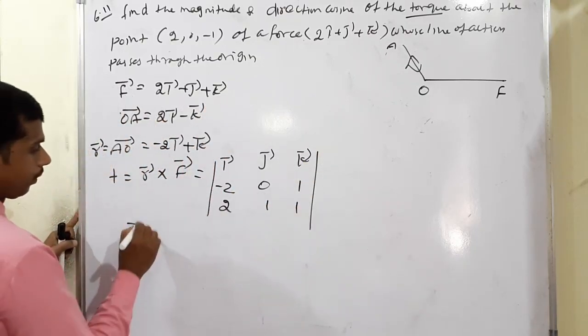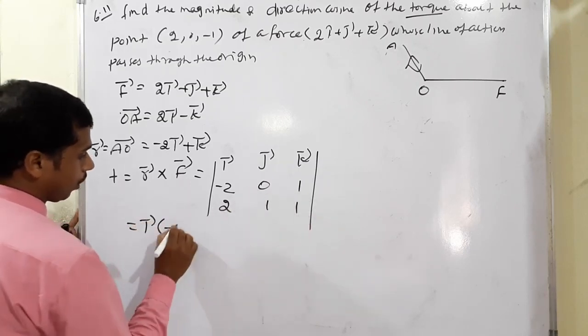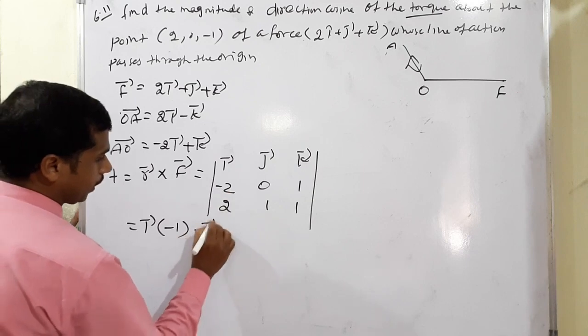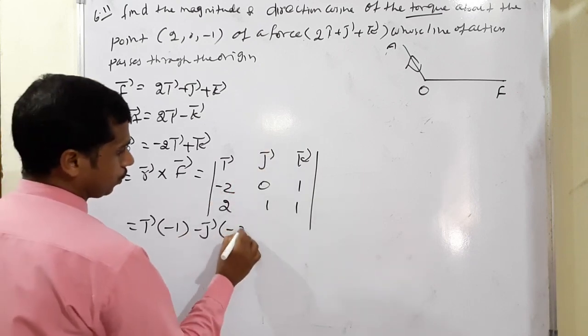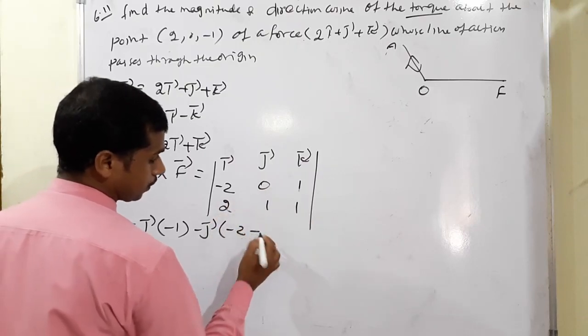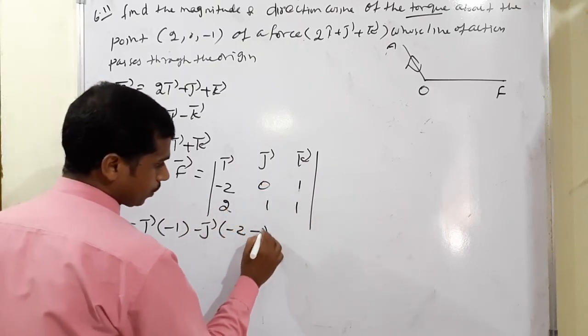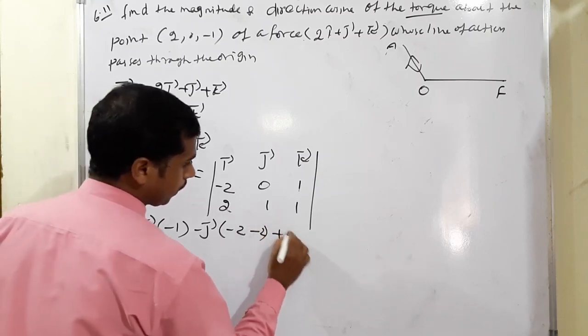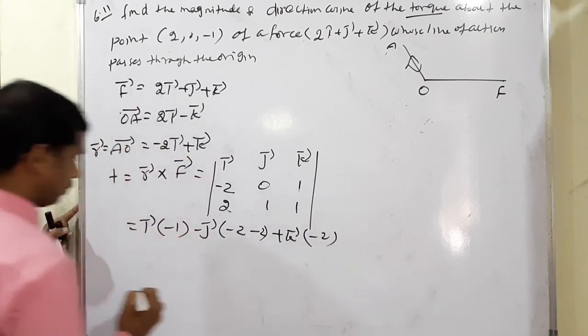Now simplify. i vector means 1 into 0, 0, 1 into 1, 1. So, minus 1. Again, minus j vector means minus (minus 2 into 1, minus 2, 1 into 2, 2). When you take the cross product, you have to take a common minus. So, minus 2, minus 2. The last one, plus k vector into minus 2 into 1, minus 2.